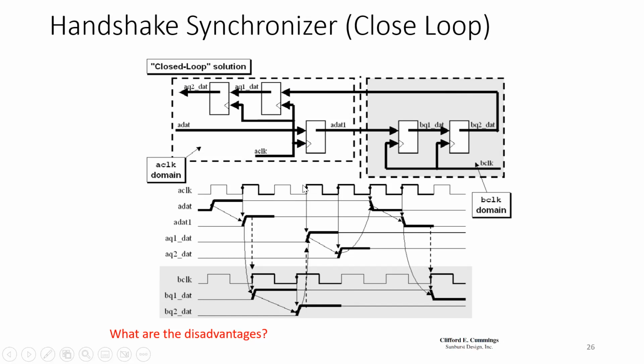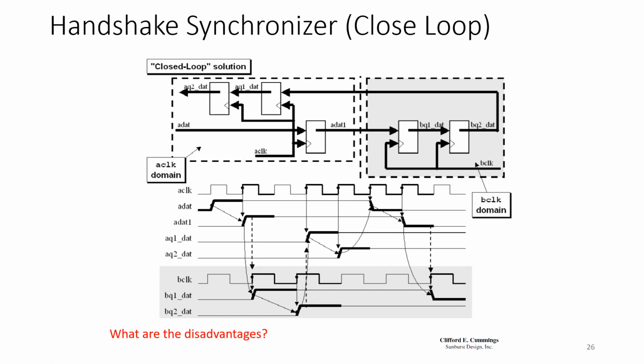That is AQ1, right in here. Now, what about AQ2? When A clock has another rising edge, and AQ1 data is high, AQ2 data will go high. Now, when I have this AQ2 high, that means I acknowledge that system B has received the data.